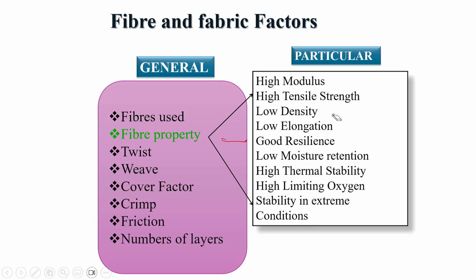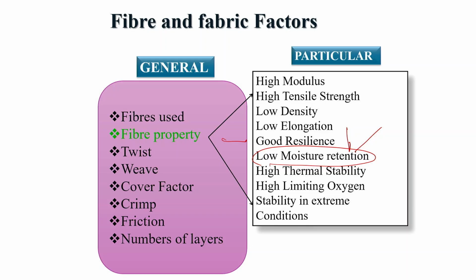It should have low moisture retention capacity. It should not be highly absorbent, so not hydrophilic. If we use some highly hydrophilic fiber like cotton, it will absorb moisture and the weight will increase in one way.